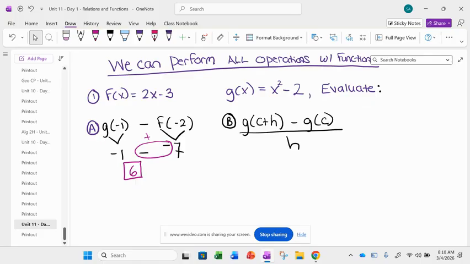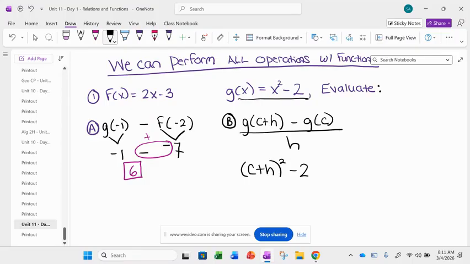Okay, so now I'm going to first substitute in. So this is saying g of c plus h. So I'm going to g of x, and wherever I see an x, what am I substituting instead of x? C plus h. So here's our g of x. Do we agree this is going to be c plus h quantity squared minus 2? That's g of c plus h.